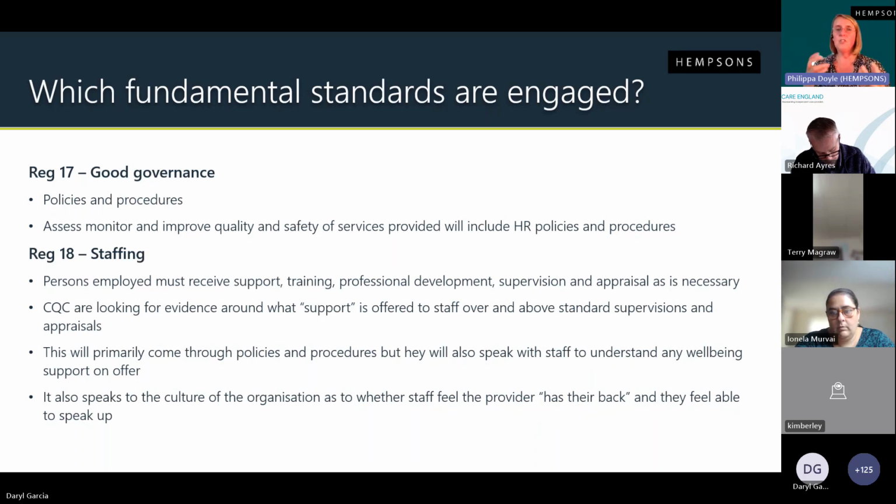It's very much about wanting to know what the culture of the organisation is, whether they feel the provider's got their back. If something did go wrong, could they actually go and talk to the registered manager about it really easily and know that the service would help support them through that difficult time, rather than just being left worrying about it overnight. So if we go on to the next slide in this section, please, Daryl.